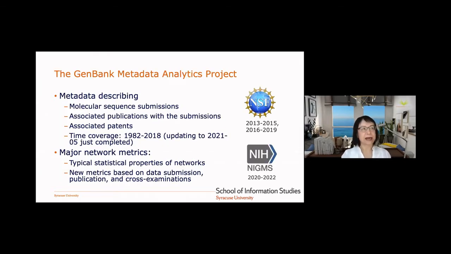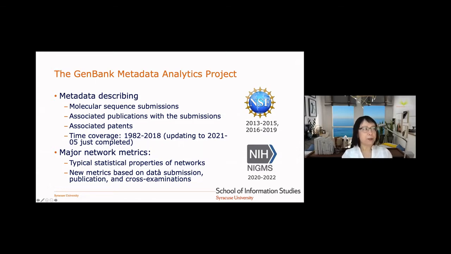So that said, we actually started our pilot test in 2012, and eventually got our first grant from NSF. Later, we continued to apply for grants, and the NSF and the NIH were very supportive of our research.